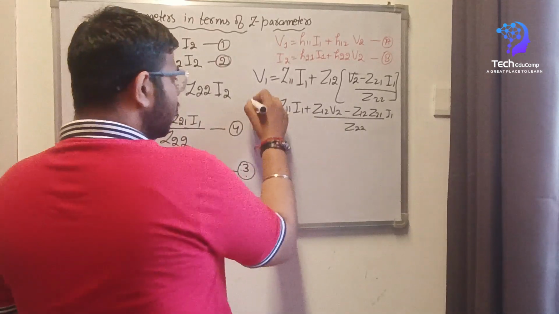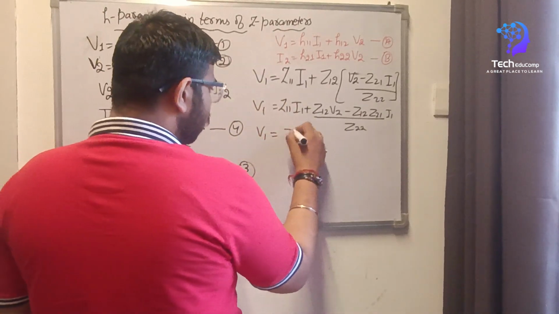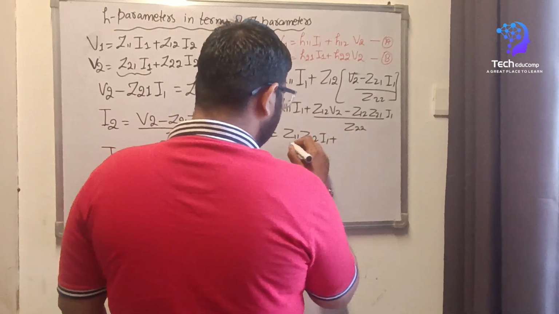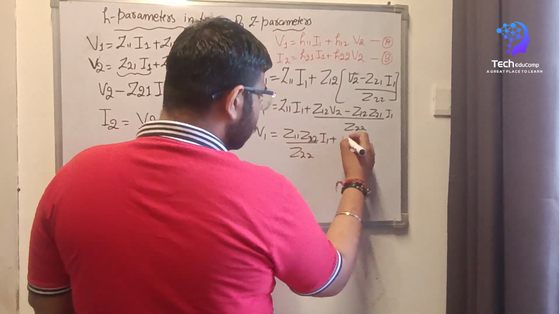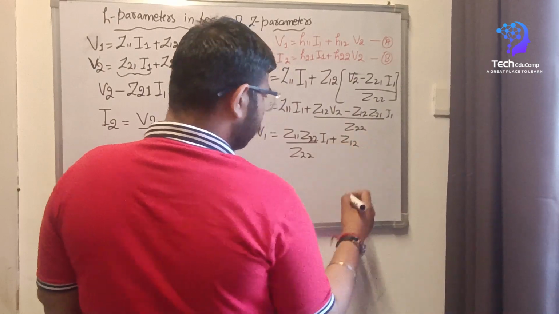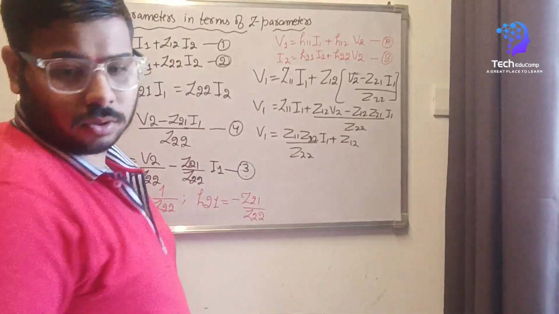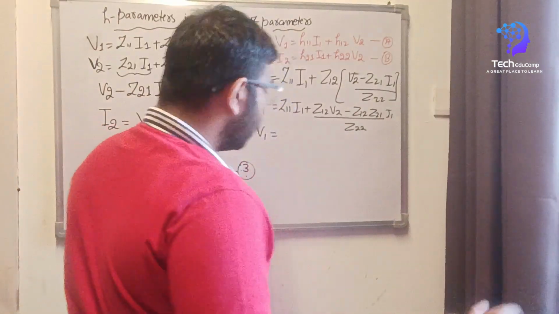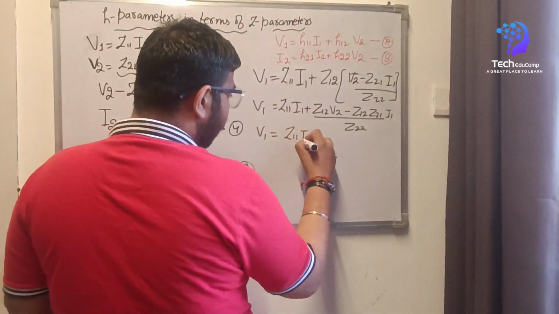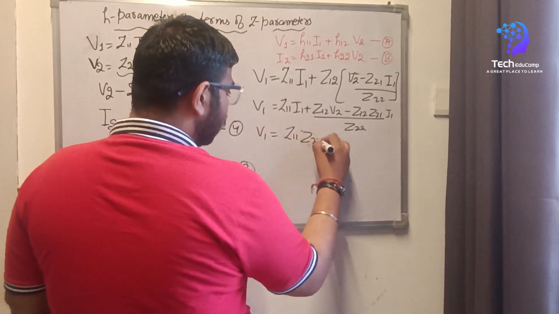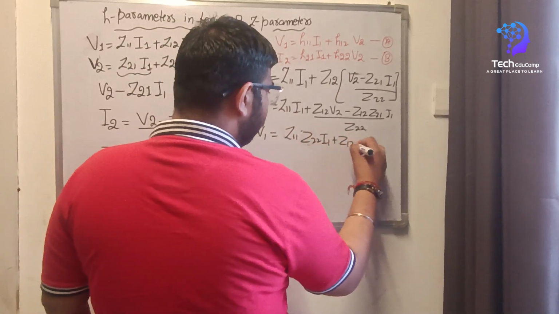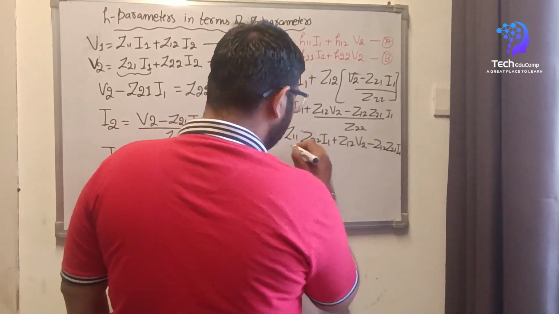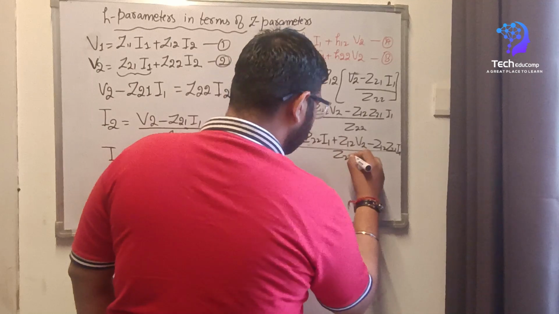Now take the LCM, it will become V1 equal to Z11 into Z22 into I1 plus Z12 into V2 minus Z12 into Z21 into I1, whole divided by Z22.